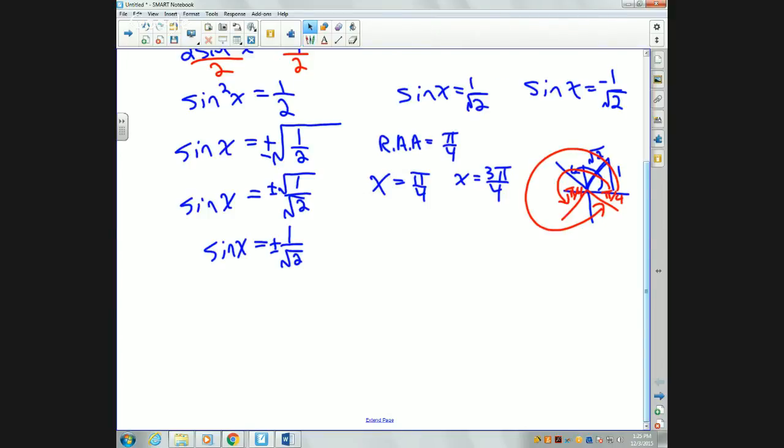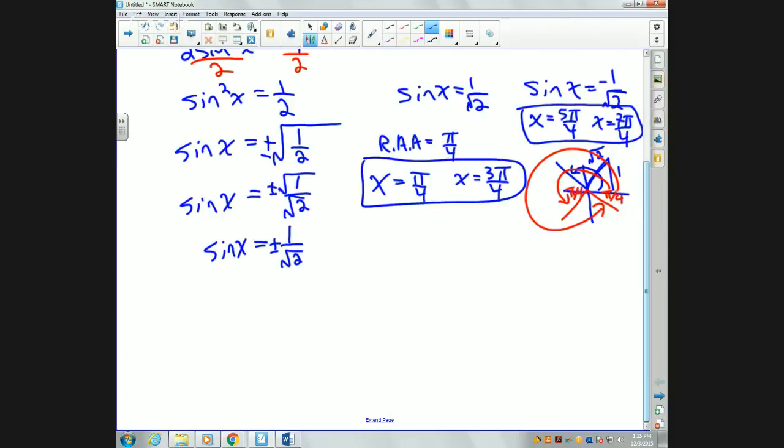So from this section right here, we get that x is equal to pi plus pi over 4, which is 5 pi over 4, and x is equal to 2 pi minus pi over 4, which is 7 pi over 4. One trig equation gave us 4 possible answers. Any questions about that?